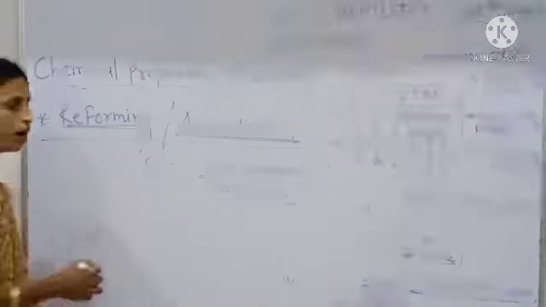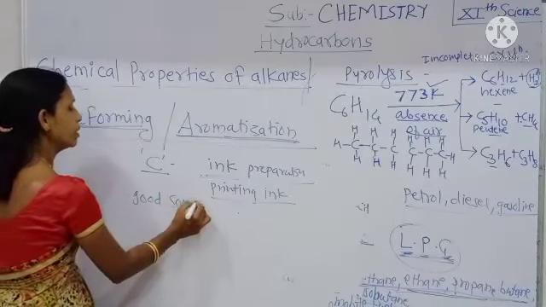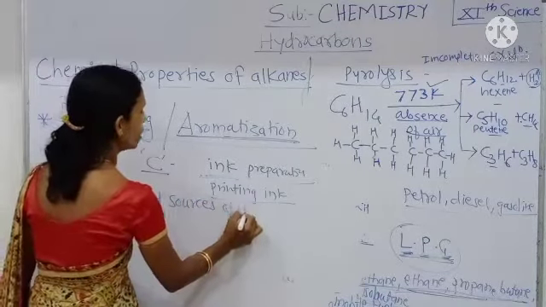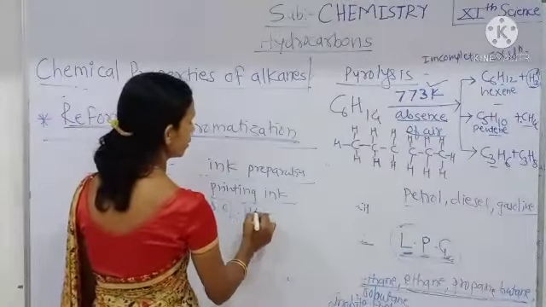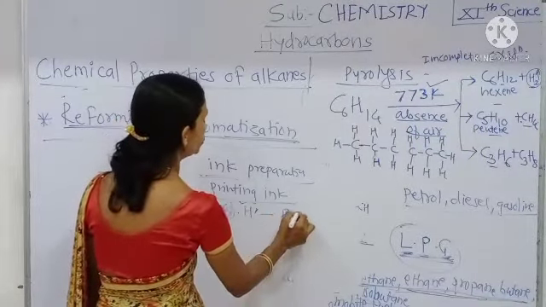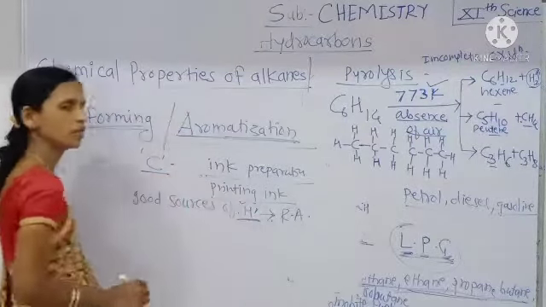as well as alkanes are good sources of hydrogen. Therefore they act as a reducing agent, or alkanes are used for the production of hydrogen.